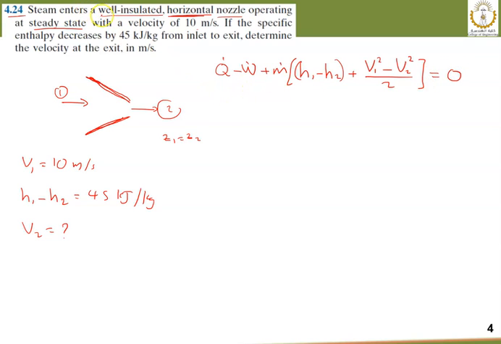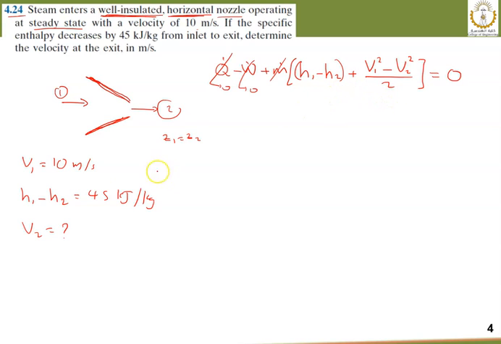We are told it's well insulated, which means that the heat transfer is 0. And a nozzle is a device like this, and we don't have any work producing or providing device, no shaft work, no electrical work, so this is also 0. So we can divide by m dot.